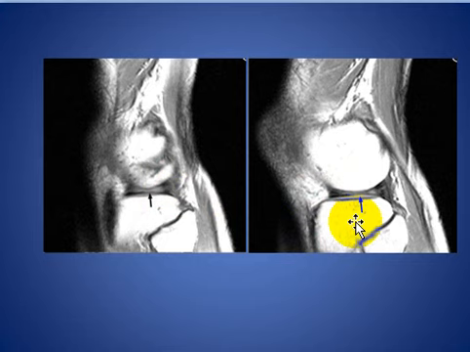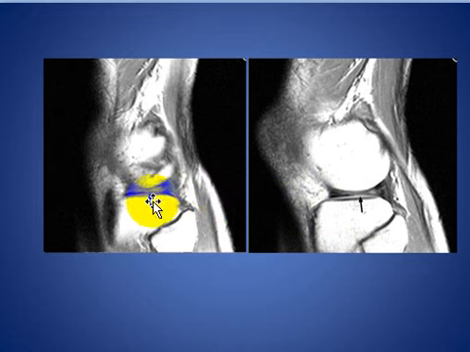We should see absent bow tie in at least 2 adjacent sagittal images with a normal meniscus body segment appearance is not present. So absent bow tie sign indicative of bucket handle tear of the menisci.